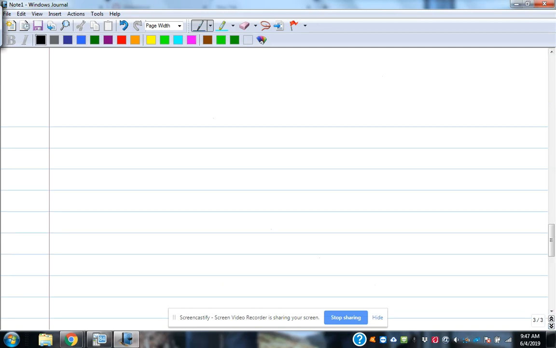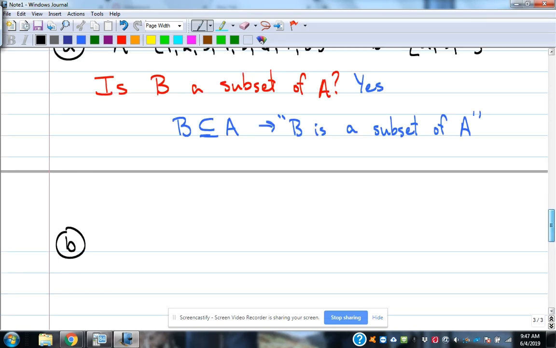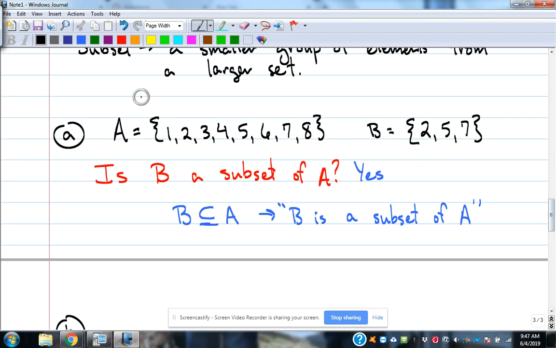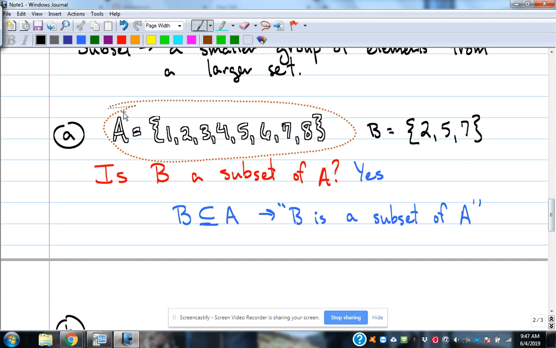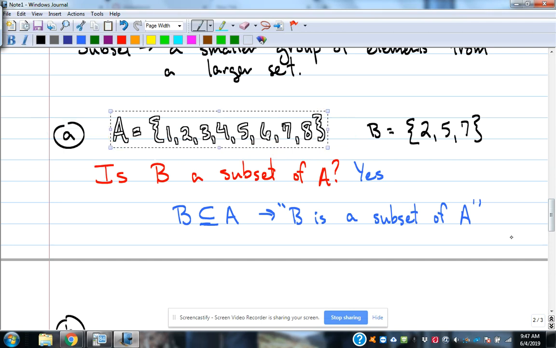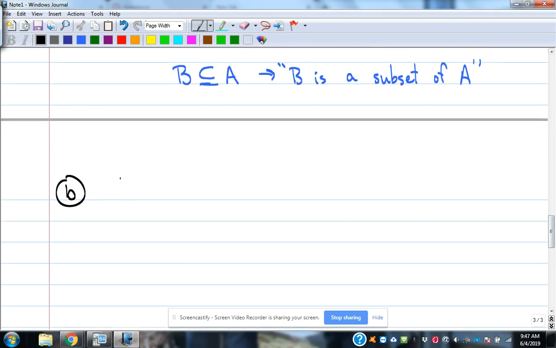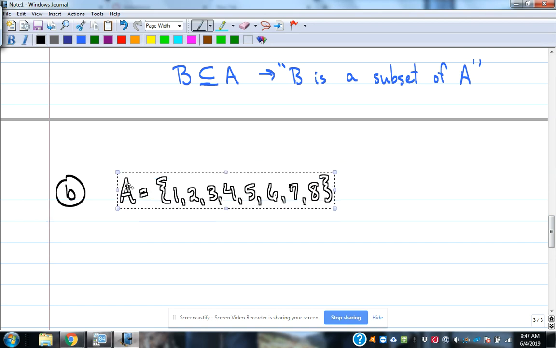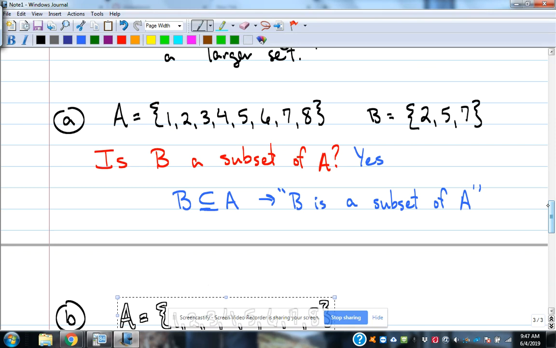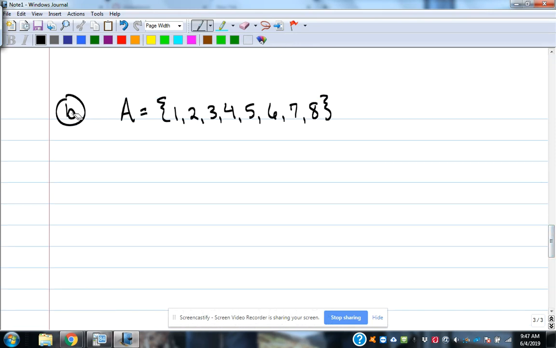Let's look at another one. Let's use the same set A. So I'm just going to copy that one. If you want to just refer and say set A from example A, you can. I don't know why I made that example A. It should actually be example C because we already did A and B. Don't need to do them again. I'm going to change those letters just because my OCD can't let it stay the same.